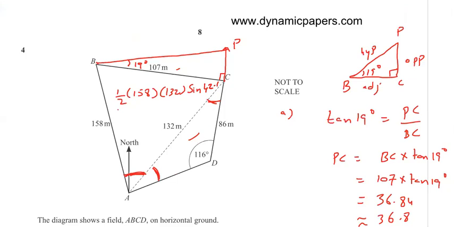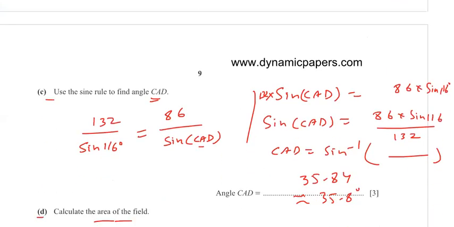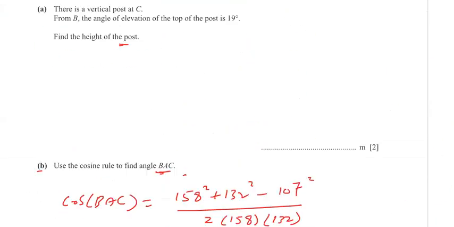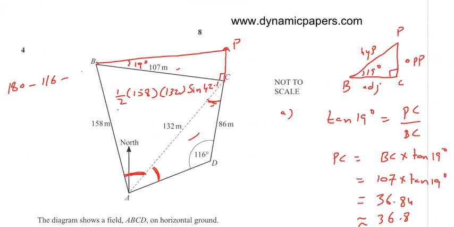Now to find the area of this one, we need this angle also. This angle we can easily find: 180 minus 116 minus this angle CAD, which was 35.8.